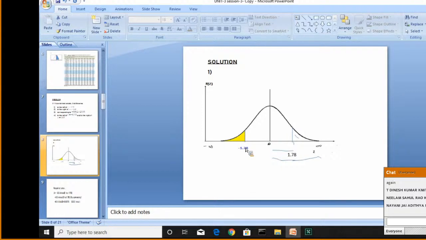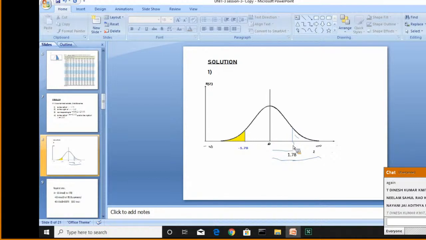Since the curve is symmetric about the y-axis, we can keep here 1.78. I am marking here the positive value. This is the positive side, this is the negative side. 1.78 to infinity. So this portion area is the same as this portion area. How will we find the area? From 0 to infinity area minus area from 0 to 1.78.